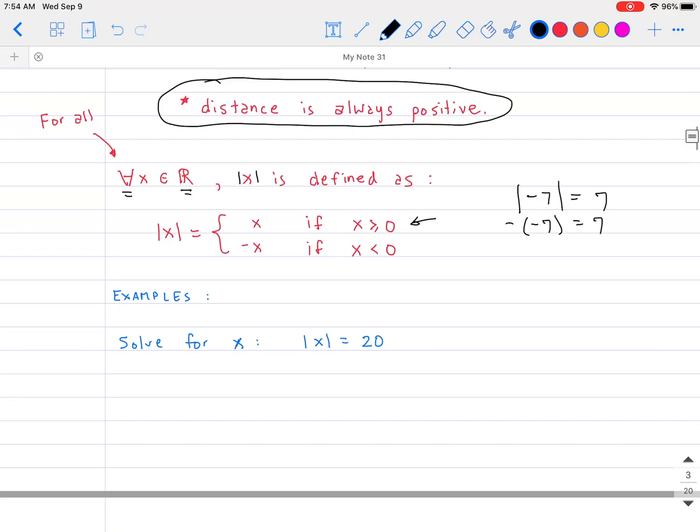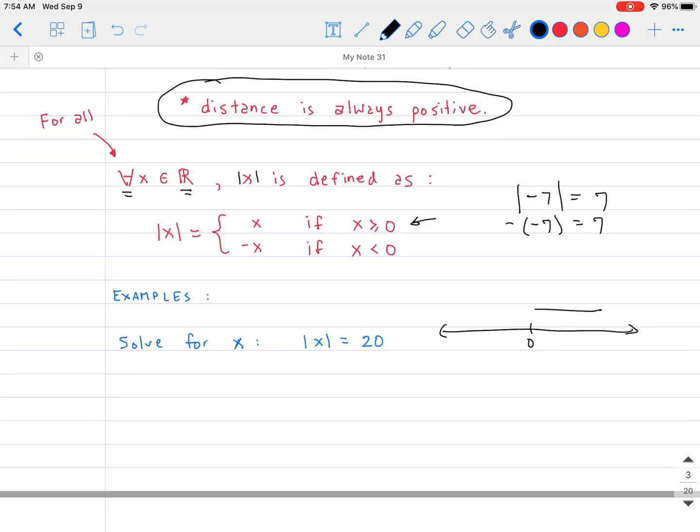So here are some examples of algebra problems that you might have seen back in algebra days, just to help refresh the memory. Let's say you want to solve for x, where |x| = 20. The way we interpret this problem is: on the number line, what points are going to be 20 away from 0?